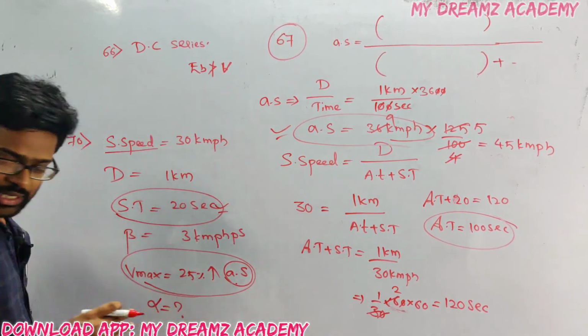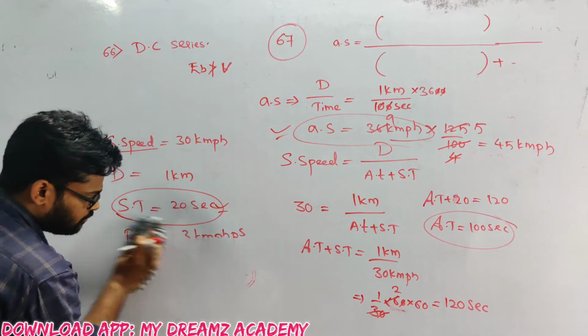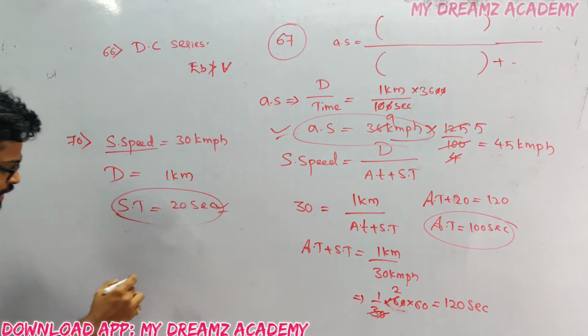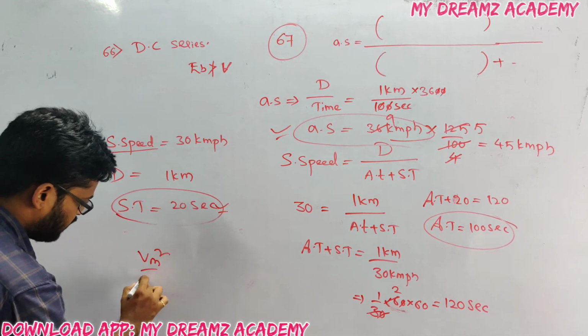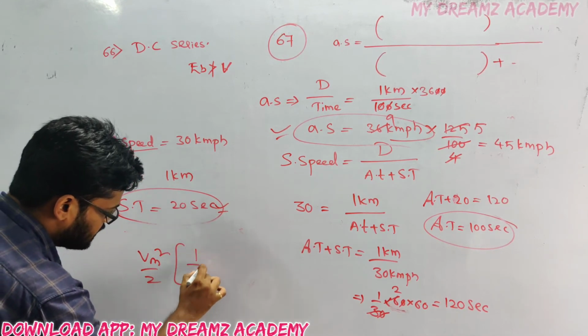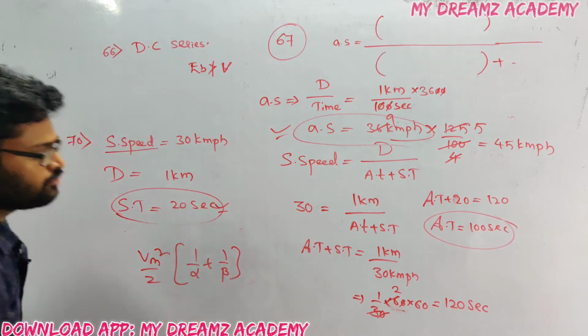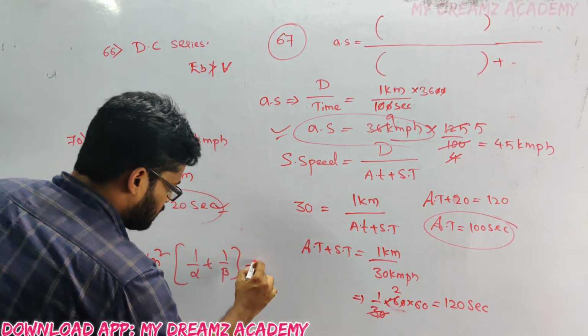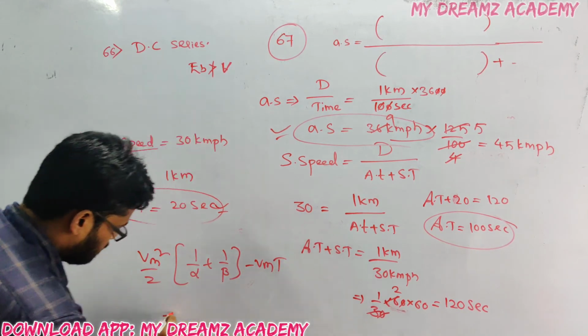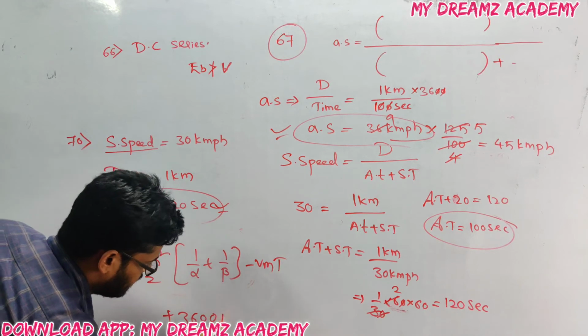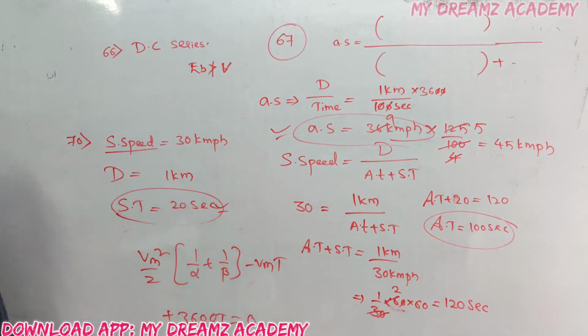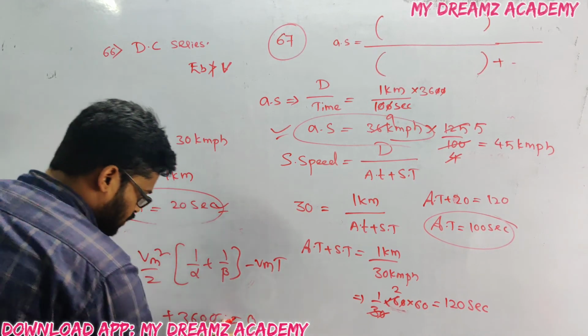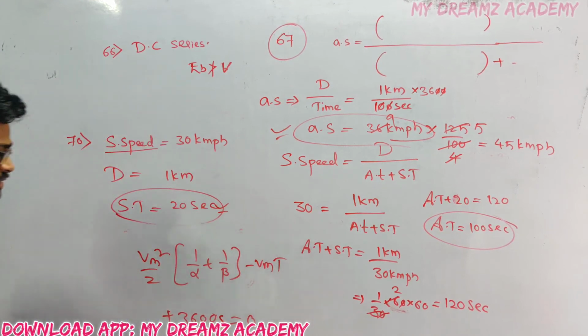How can we calculate alpha value? We have one principle, that is Vm squared divided by 2, (1/alpha + 1/beta), minus Vm times t over 3600, plus S, is equal to 0. Sorry, this is S, is equal to 0.